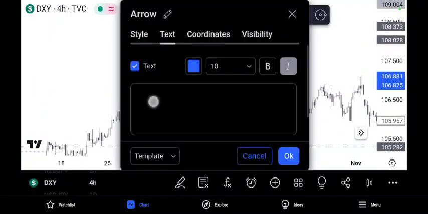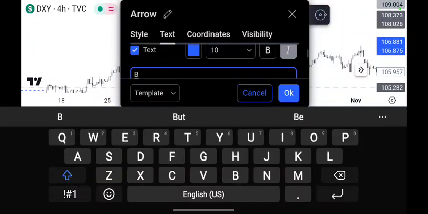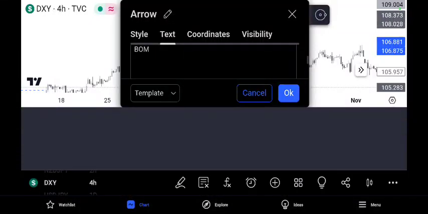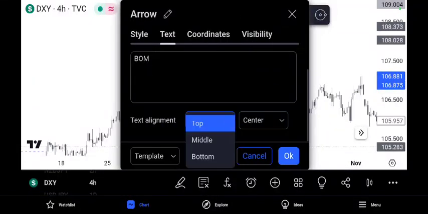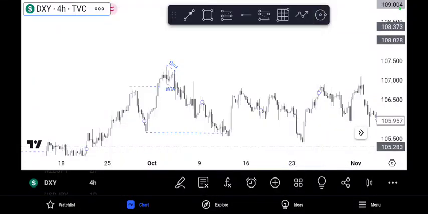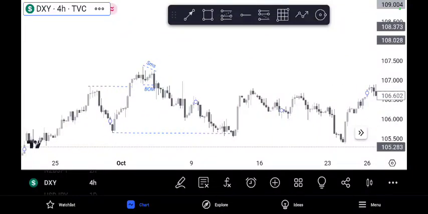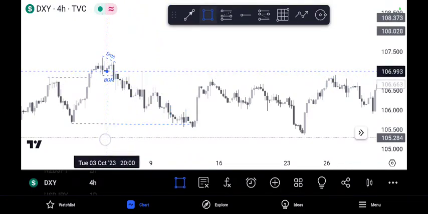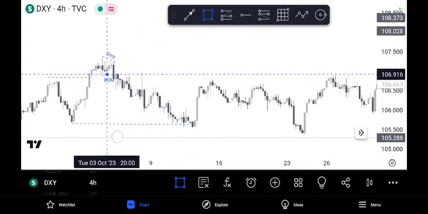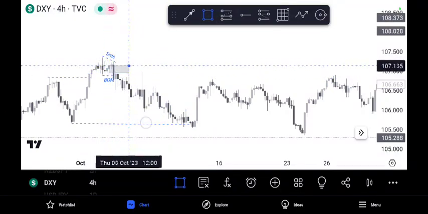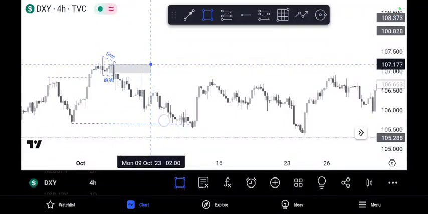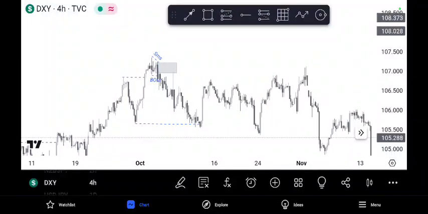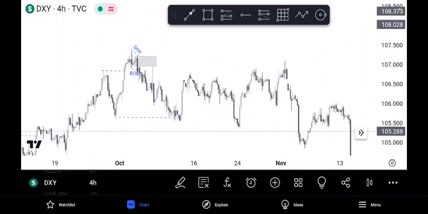Let me label that. Can you see it? And then boom, we have the buy. Sorry, we had the sell. You see it? We started selling.